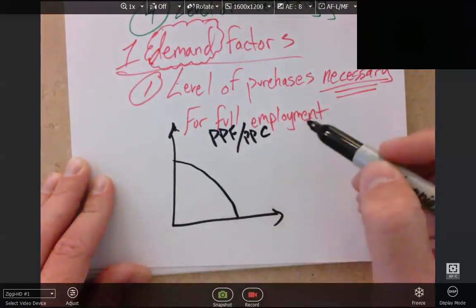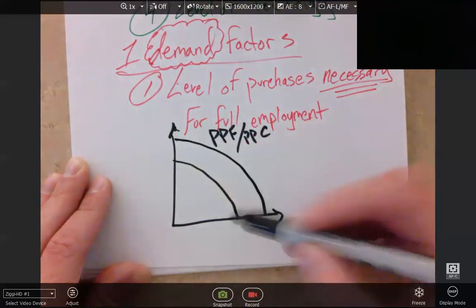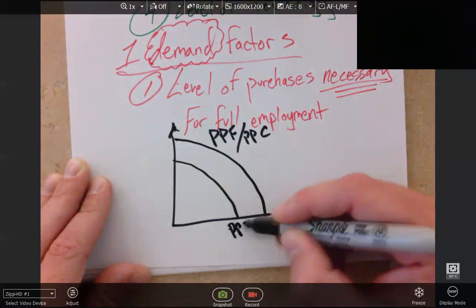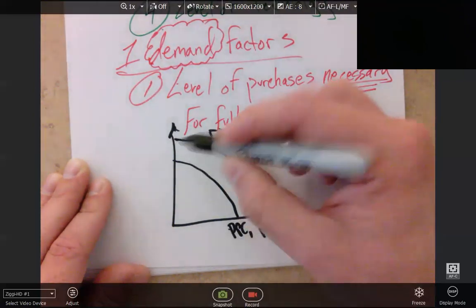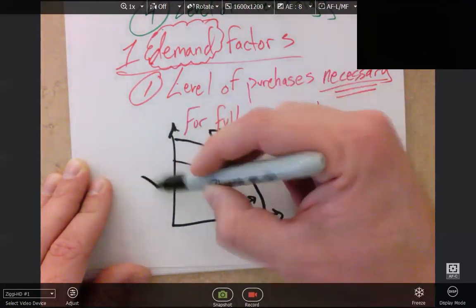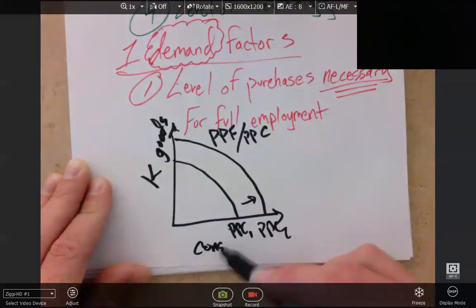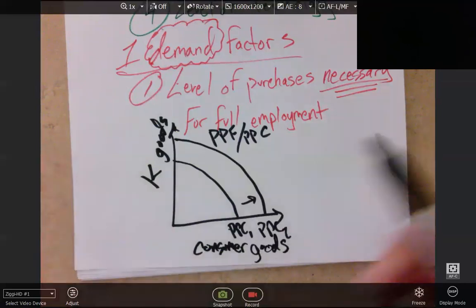And essentially, if we're going to grow the economy, then it's going to be a shift from this PPC1 out to PPC2. So that's the main thing. So this is going to be capital goods. This is consumer goods. It could be really two main categories of goods.